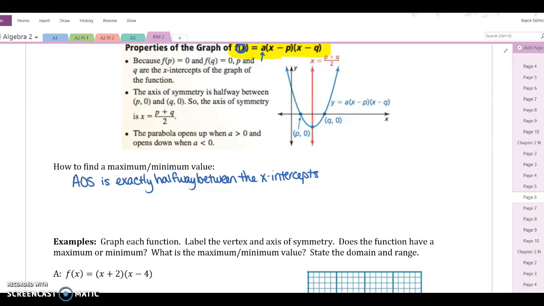So in the writing up above, they actually give you a formula for the axis of symmetry. It's that x equals p plus q divided by 2.